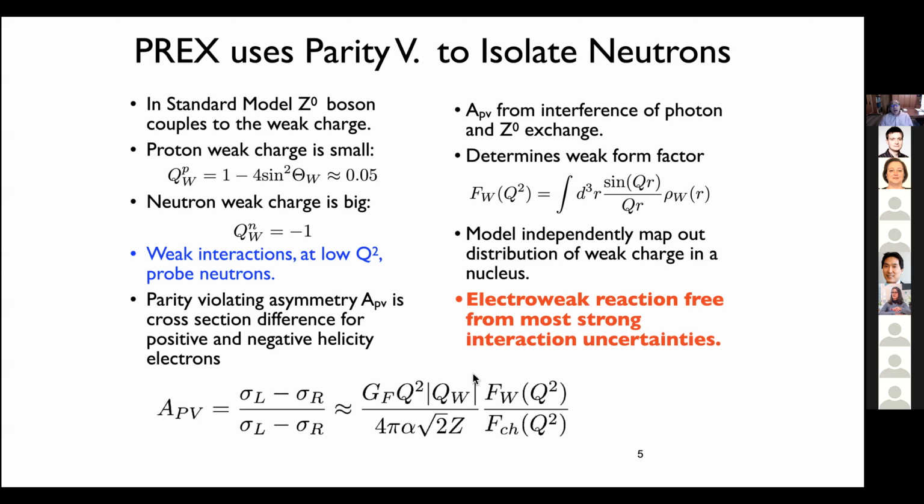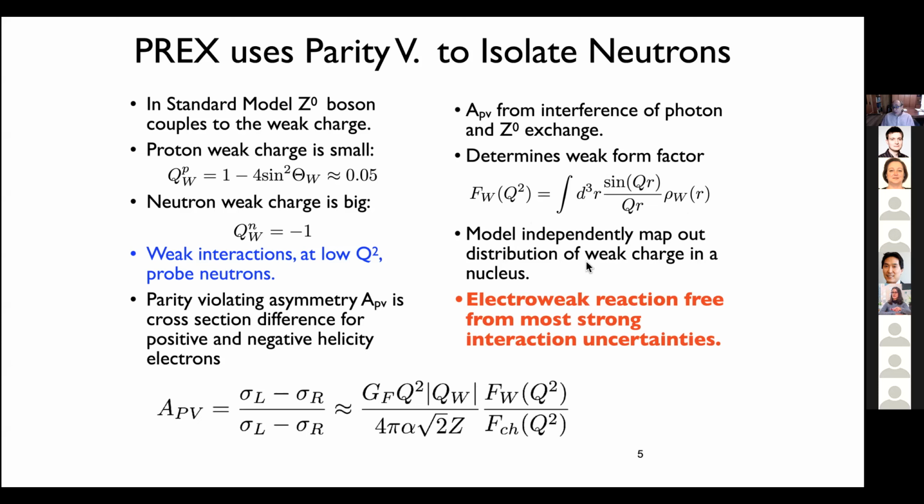And by measuring the parity violating asymmetry, one can, in principle, model independently map out the distribution of weak charge in a nucleus. And so this electroweak reaction is free from most strong interaction uncertainties.